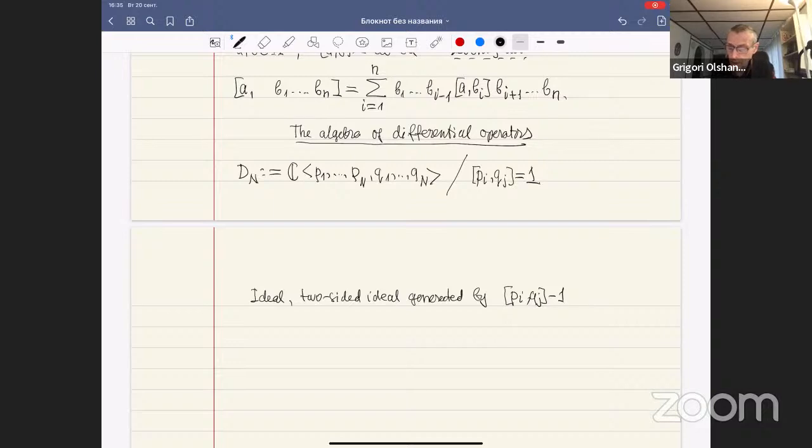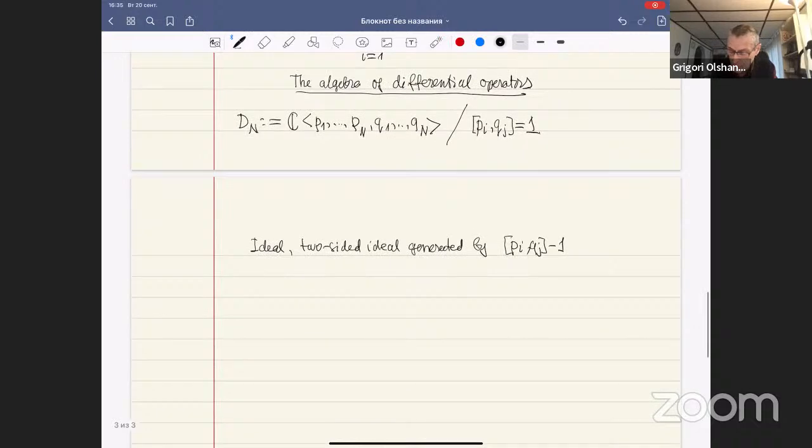So what we get is my algebra D. For instance, in the simplest case, D1, or simply D, is the quotient of a free algebra over the relation PQ minus QP equal to 1. So let's, for simplicity, focus on this particular case.